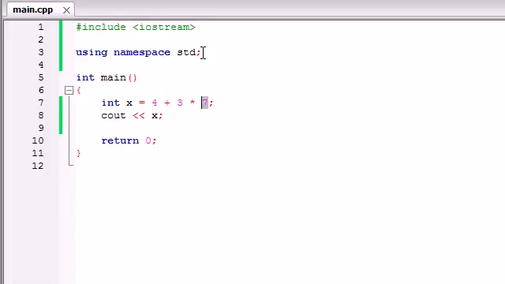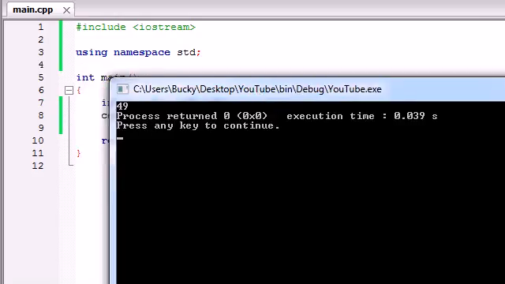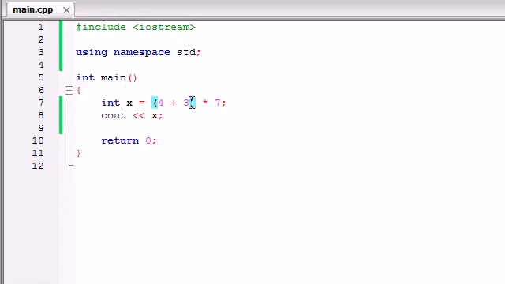Because it uses the associative property. It actually multiplies first, which is 7 times 3, that's 21, plus 4, which is 25. So if you want to explicitly say 4 plus 3 first, you need to surround that in parentheses. Now when you build and run this, it runs your parentheses first: 4 plus 3 equals 7, times 7 equals 49.